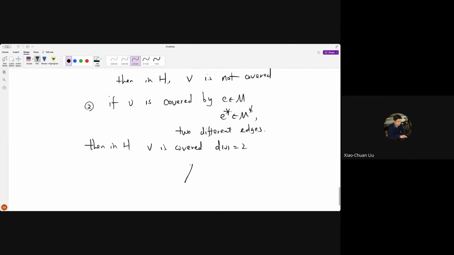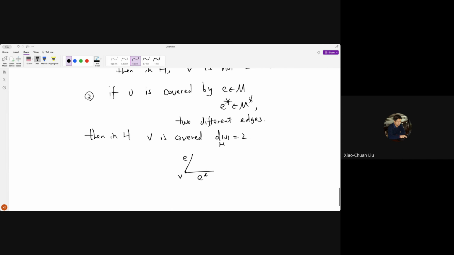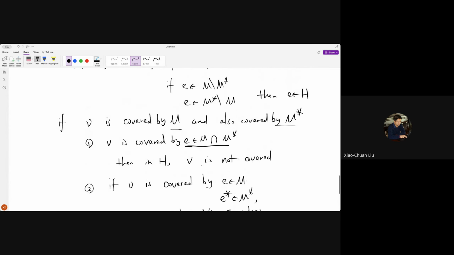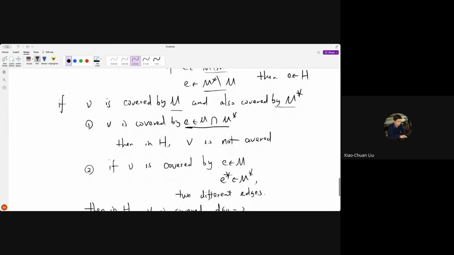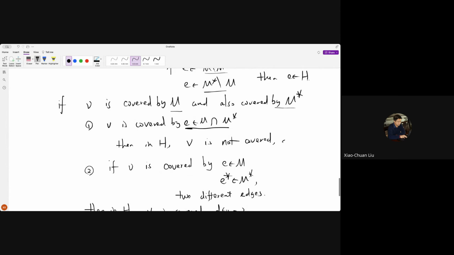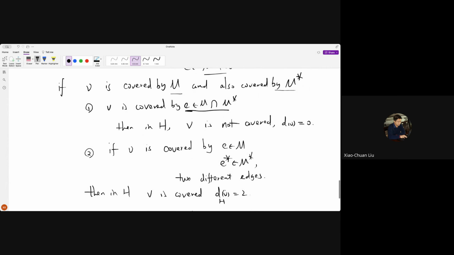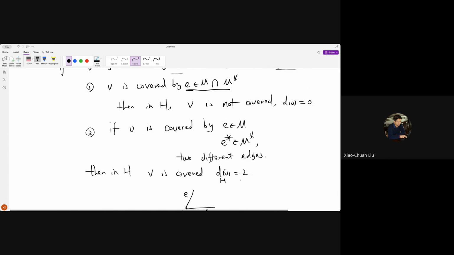This is E in my first matching, and this is E star in my second matching, and this is V. So this is a part of H. In H, the degree of V is 2. So two edges are both present because of the definition. Unless they are the same edge, then they disappear. So in that case, the degree of V is 0, and in this case, the degree of V is 2.